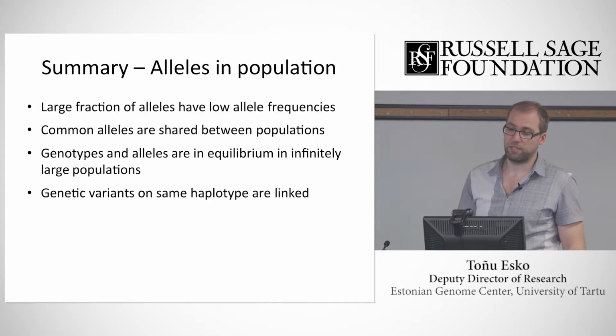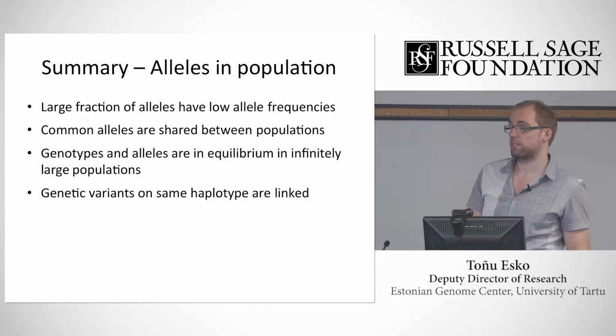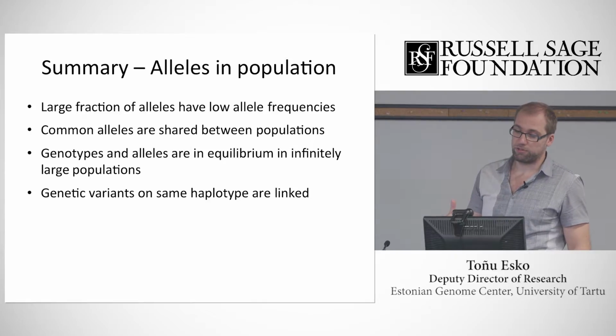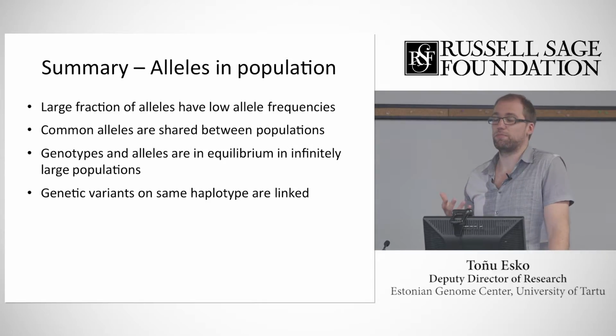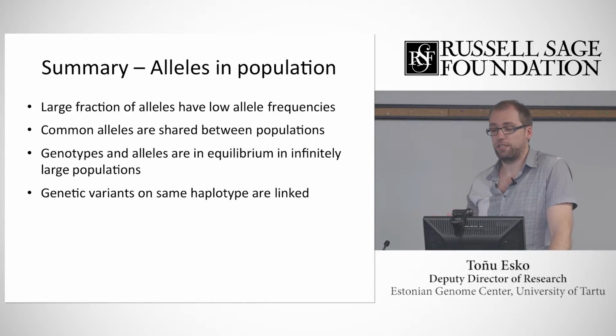Common alleles at the same time are shared between the populations, and that's also one of the reasons why it's impossible to design genotyping arrays that can be used in many populations.